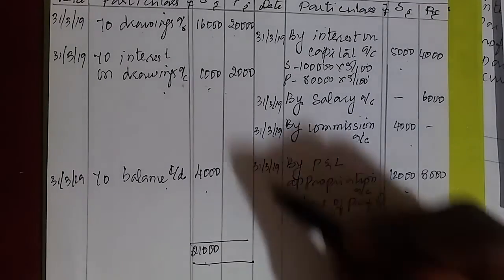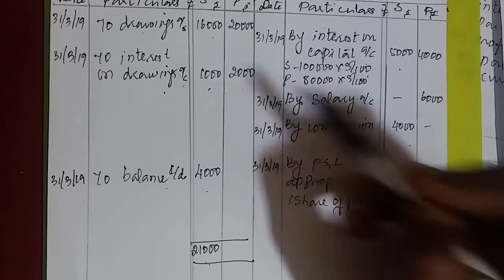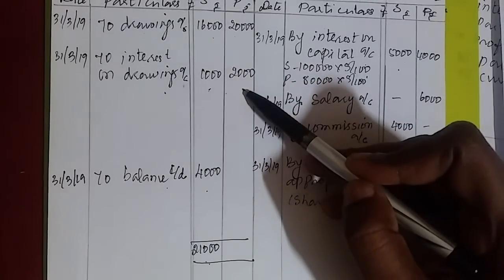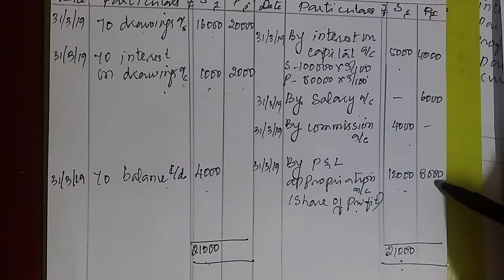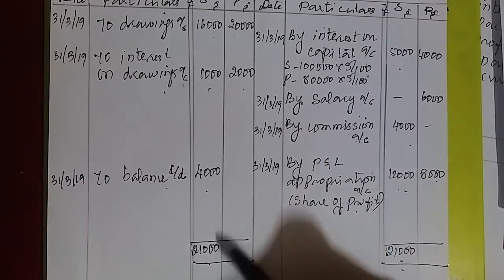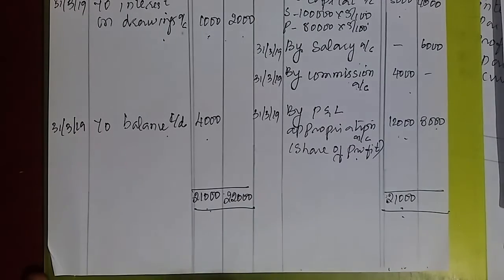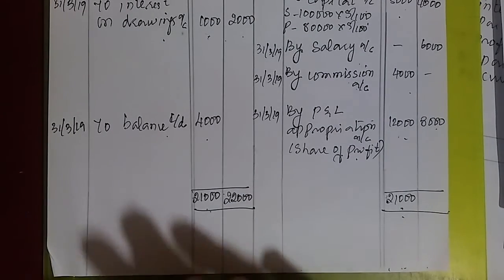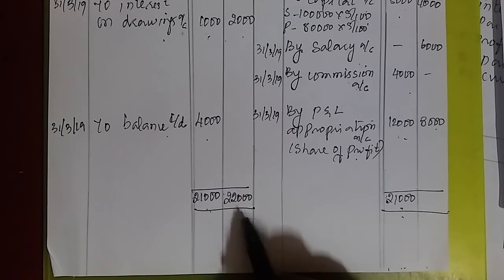See here for Pratham, on the debit side the total is more. 20 plus 2,000, 22,000. Here 4, 6, 8, 18,000, which is less. This side it is more. So write this total here. It may vary. Cannot expect the same balance for both the partners. 22,000.